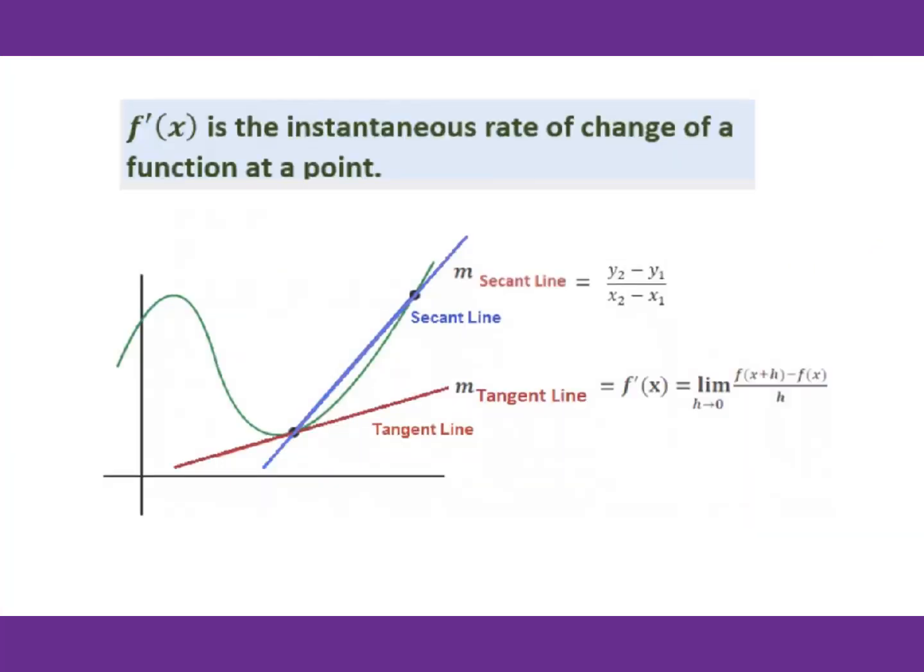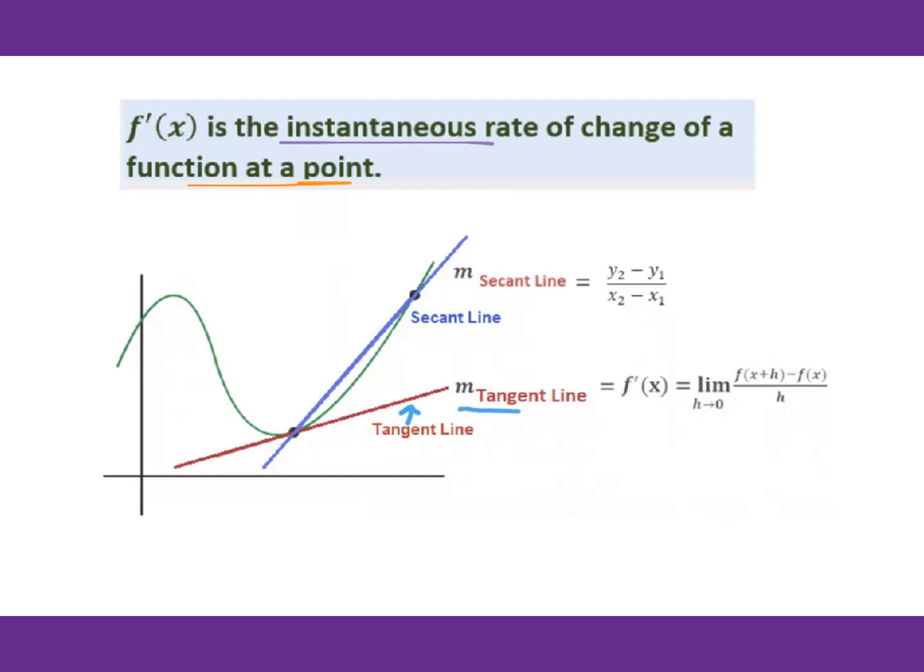First of all, let's go over the meaning of the first derivative of f of x. As we know, the first derivative of f of x is the instantaneous rate of change of a function at a point. From this graph, we know this is a tangent line.